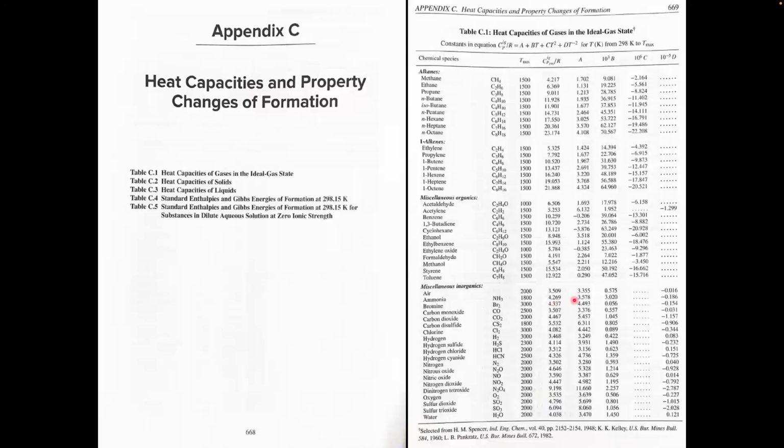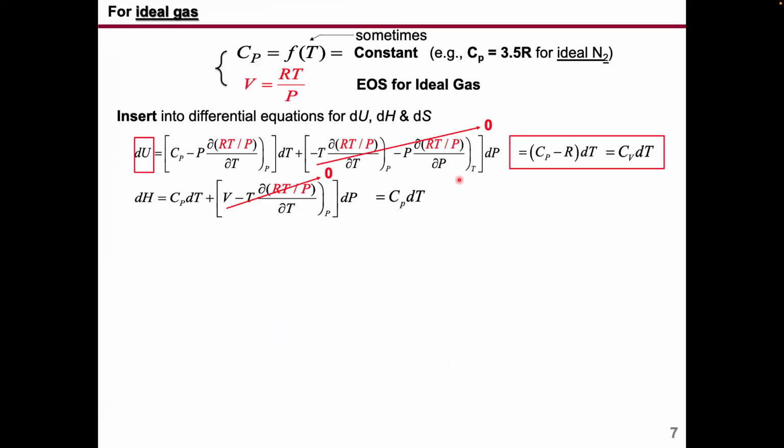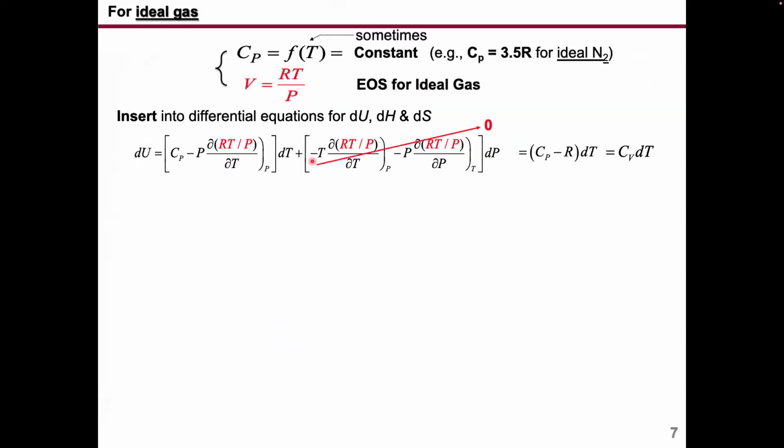All right, so now we have already talked about CP, right? We also mentioned we need to know the equation of state, or EOS, or the PVT relationship of a particular system to be able to solve these, right? We already talked about the ideal gas law, the equation of state of an ideal gas, which is simply PV equal to RT.